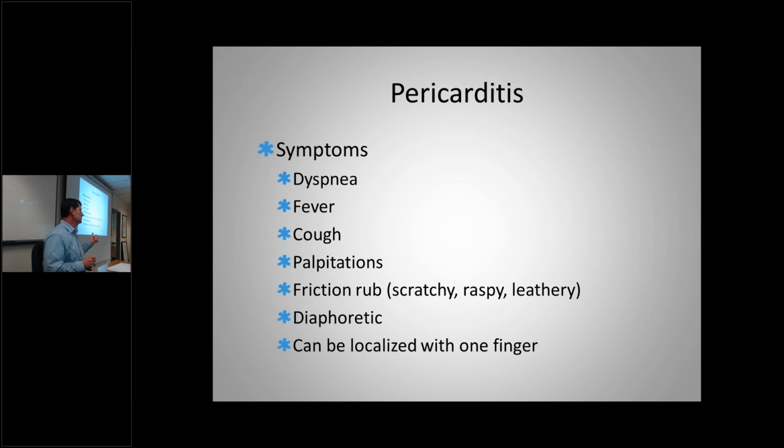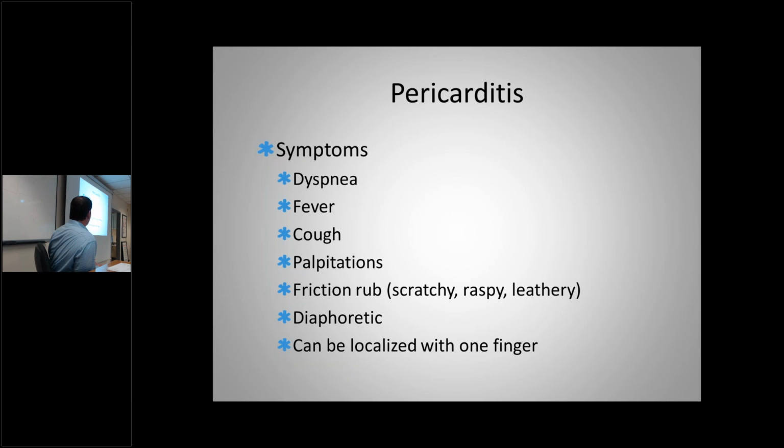Symptoms: difficulty breathing, shortness of breath, fever, cough, palpitations. You can have almost like a pleural rub that can be with it. They can be diaphoretic, and they usually point to it with one finger. Are those the same symptoms as an MI? They can be, right? Absolutely.